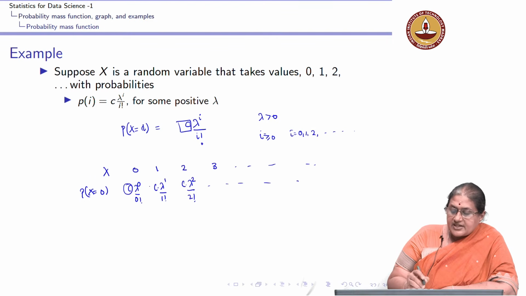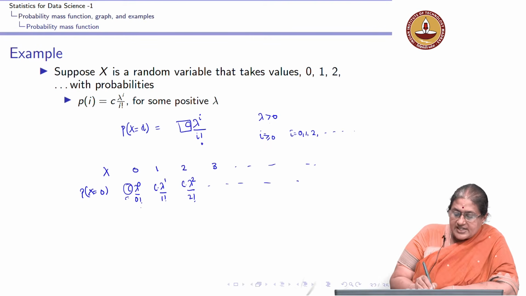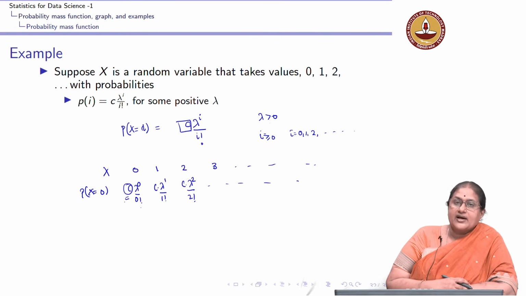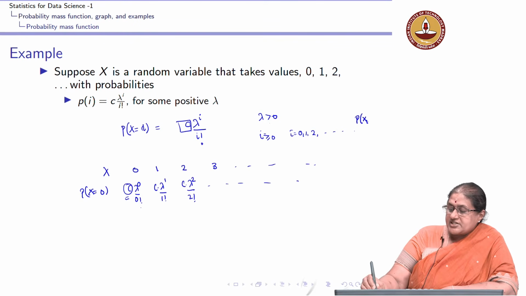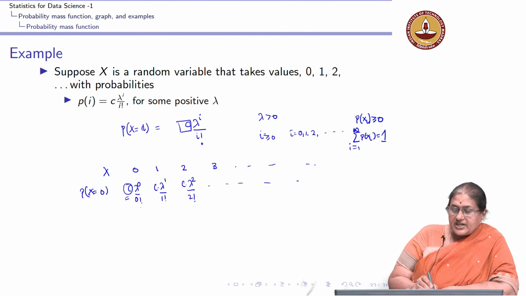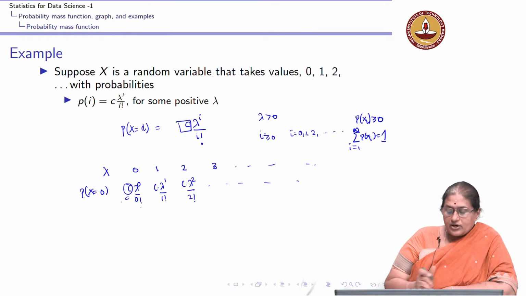The first thing is that I know lambda is positive and i is non-negative, so C has to be greater or equal to 0. Again, what are the conditions? P of xi should be greater or equal to 0, and the summation of P of xi, i going to infinity, should be equal to 1. For the first condition, I need C to be non-negative because everything else is non-negative.